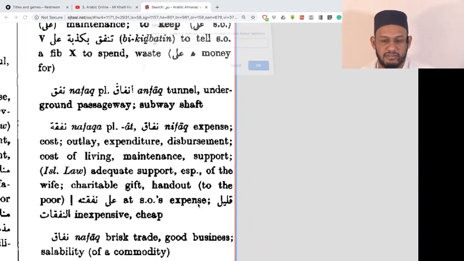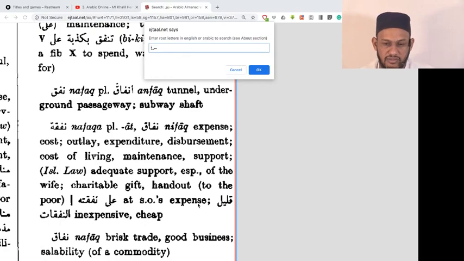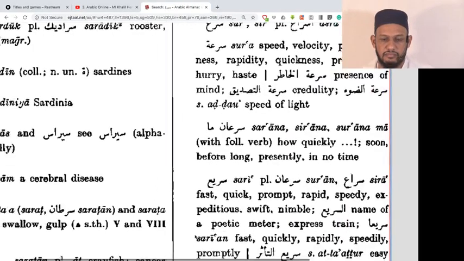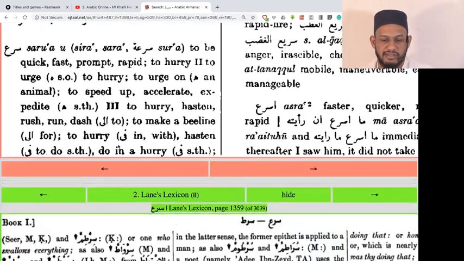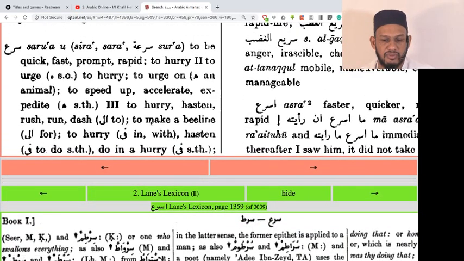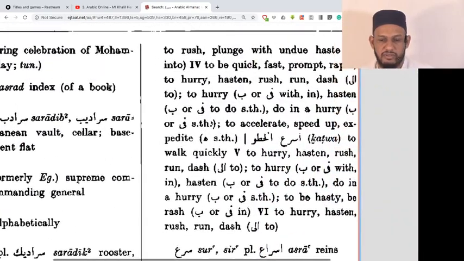Sara'a. Sin ra'in. Sara'a means to be quick, prompt, fast, dash, hurry. Sara'a on the third bab means to hurry, hasten, rush, dash, hurry for. So sara'a means to hasten.